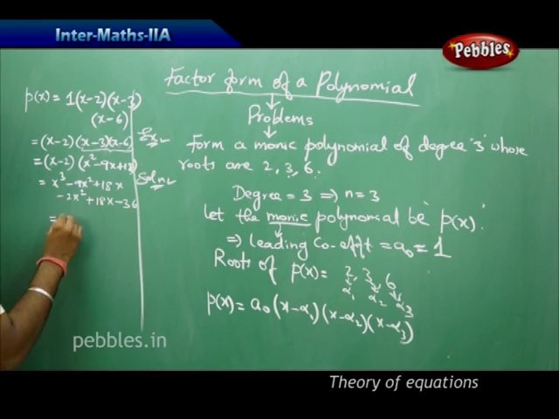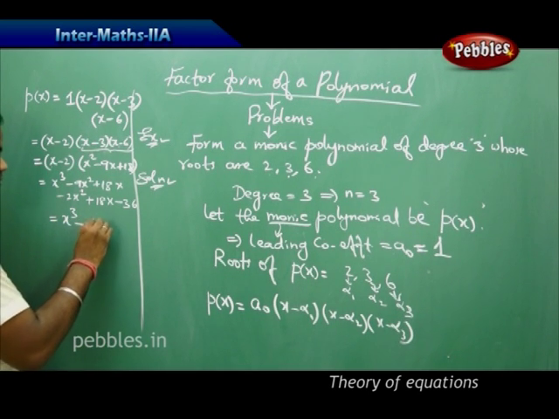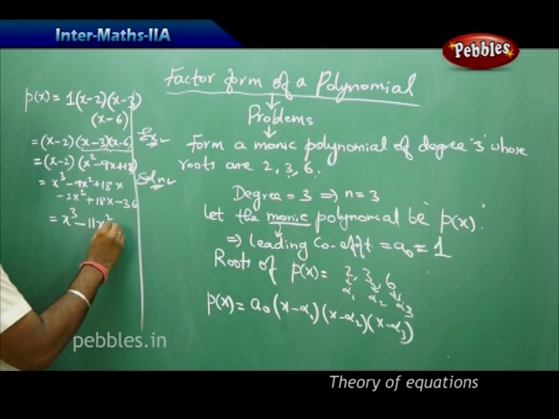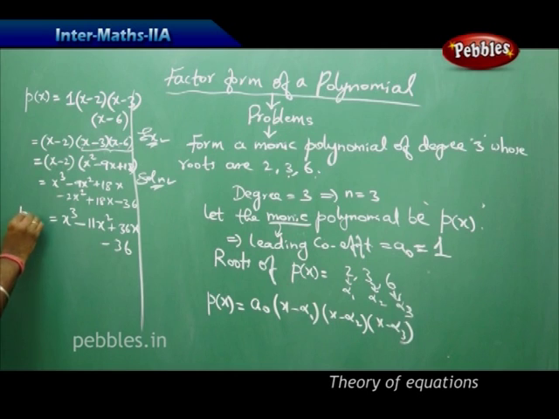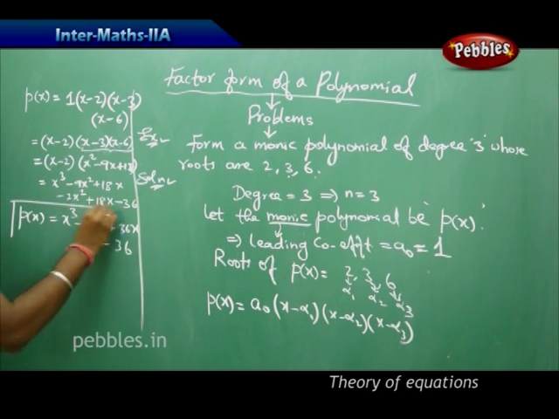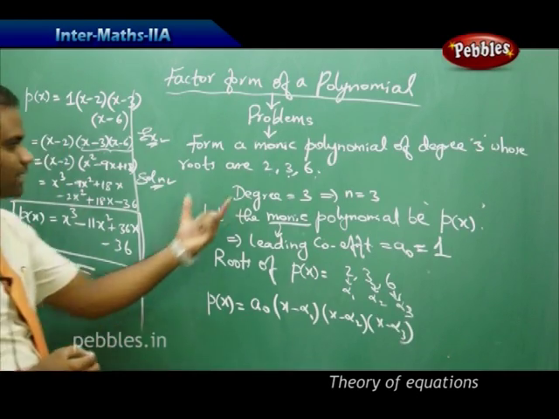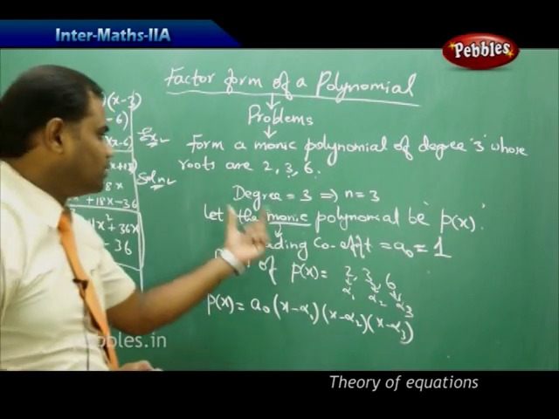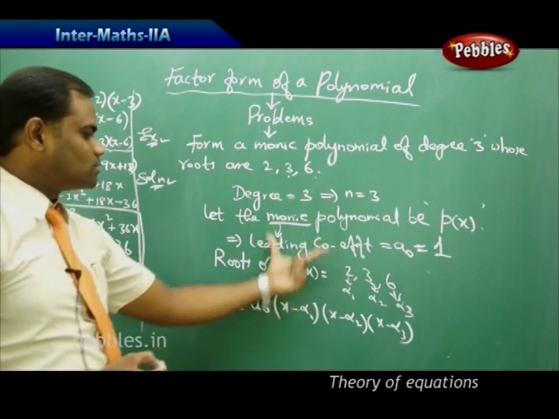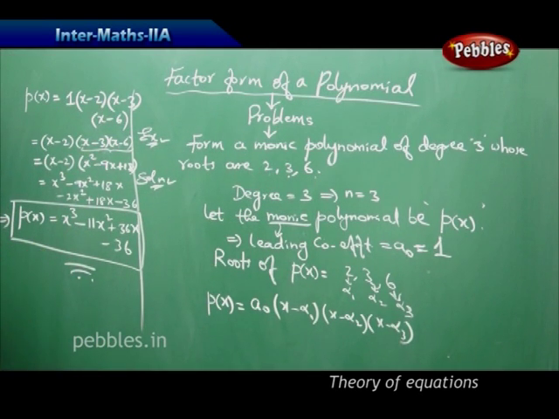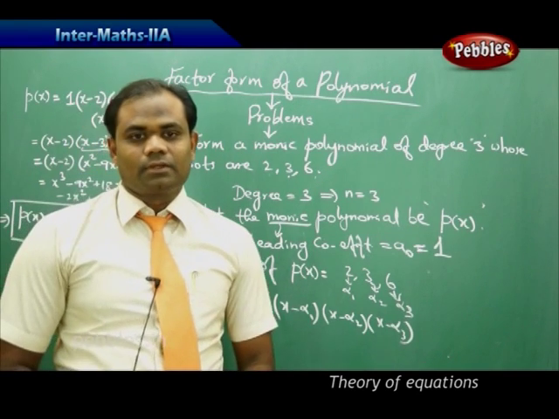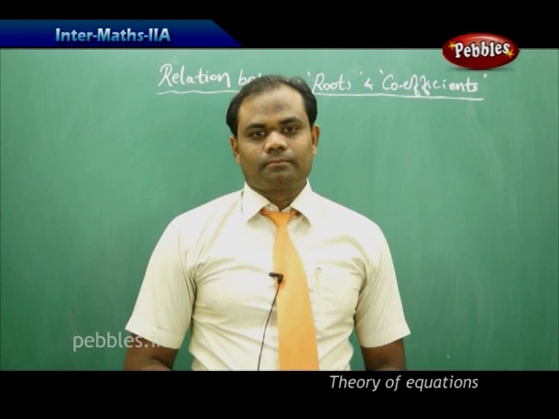So this gives me x cubed minus 9x squared minus 2x squared is 11x squared plus 36x minus 36, which is nothing but the required polynomial. That's how I extract the monic polynomial of degree 3 with the roots 2, 3, 6 using the concept of factor representation, and thus the monic polynomial obtained is how the problem is done.